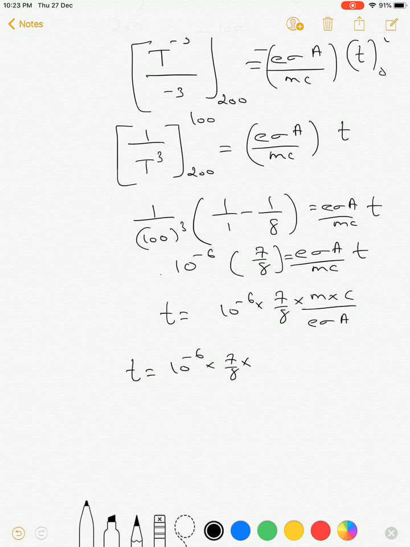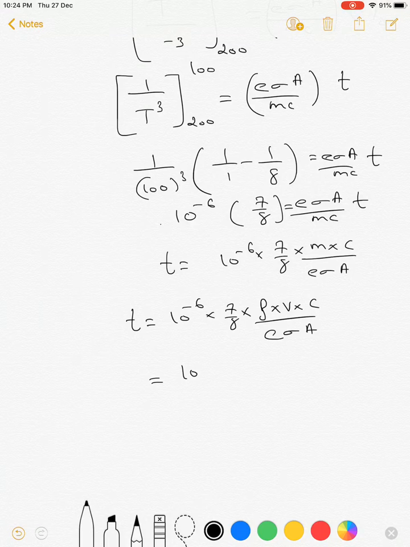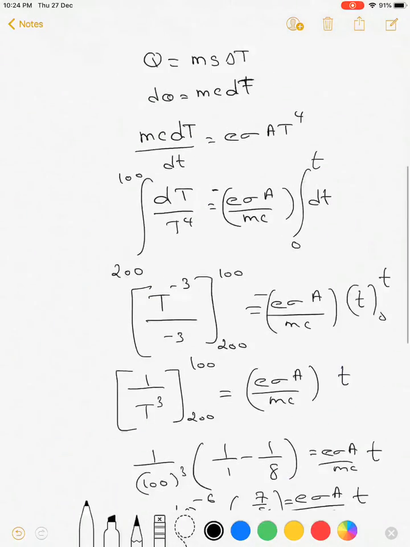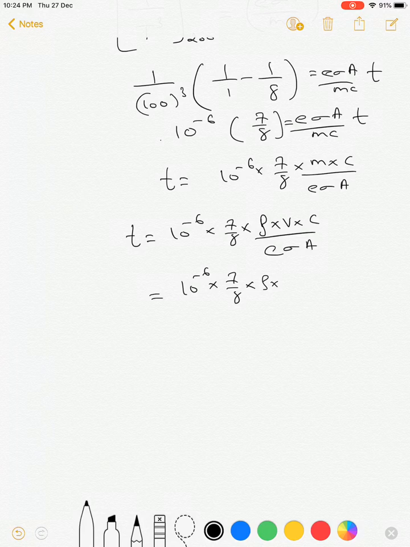Over here the mass of the object is not given, so we take mass as density of the object into volume of the object. The density of the object is rho, and since it's a spherical object, the volume is 4 by 3 pi r cubed, into c divided by E sigma into A. A is 4 pi r squared.